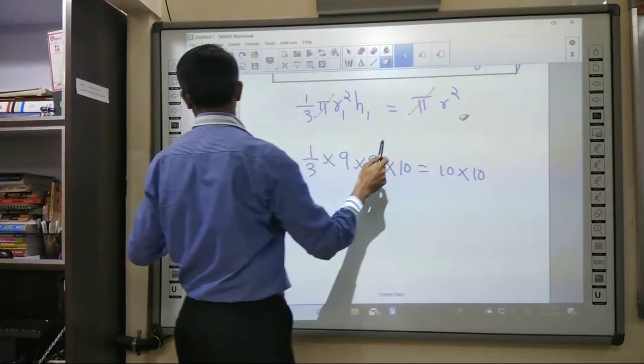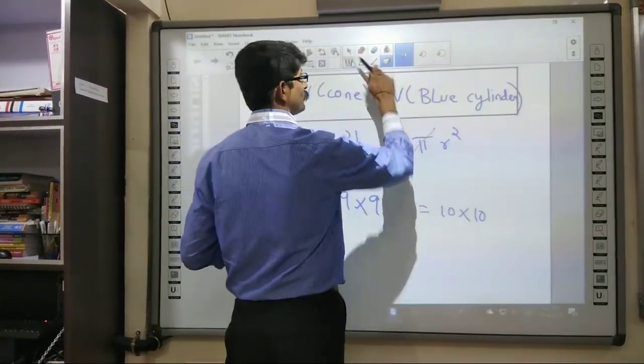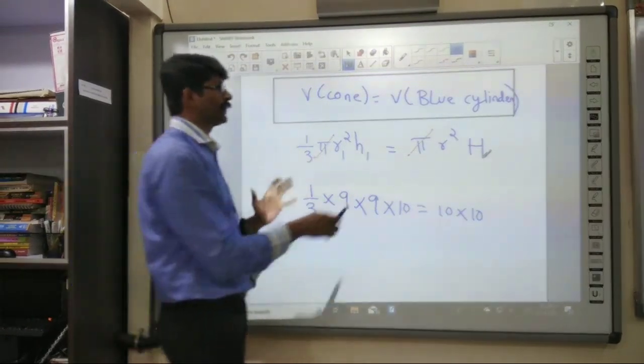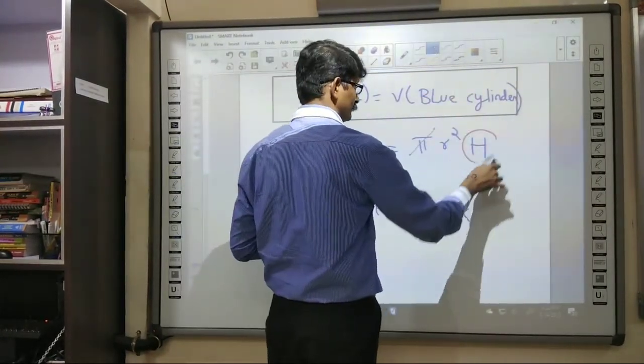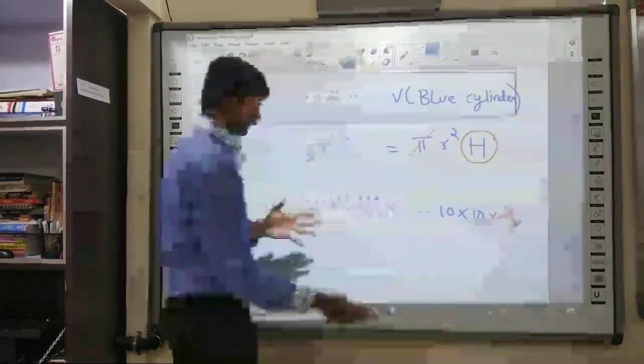See, I have written the blue cylinder's height, let's say it is H. Students, understand this is not the full H, this is just the rise in water level, and basically this is our answer. So I'm writing over here capital H. Answer done. Students, look at this, it's that easy.